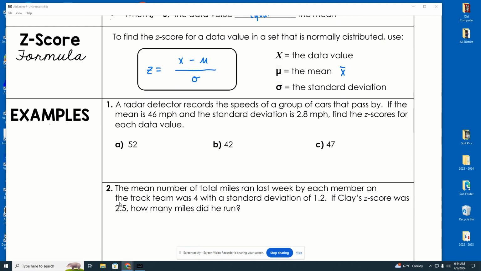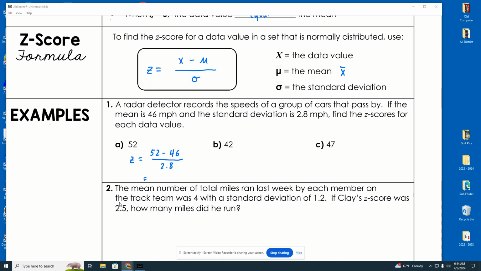So here's a problem. A radar detector records the speeds of a group of cars that pass by, and the mean is 46, and the standard deviation is 2.8. They want us to find the z-scores for each of these values. Remember, each of these values is your x. So you simply go 52 minus, what did it say my mean was? 46, divided by the standard deviation, which they told me is 2.8.